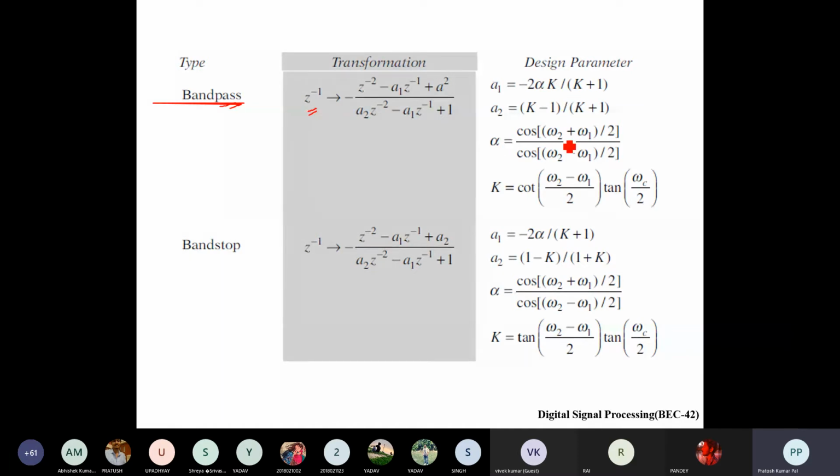The k value will be given in terms of this, so it is a function of your new cutoff frequency and omega 1 and omega 2.